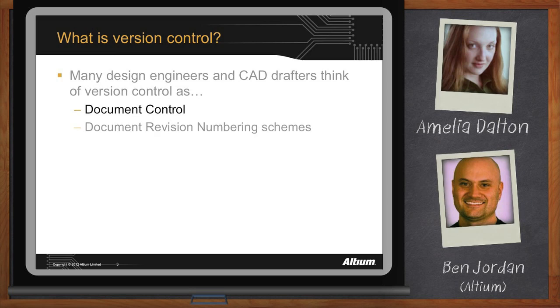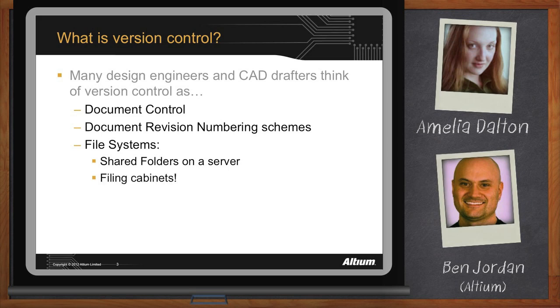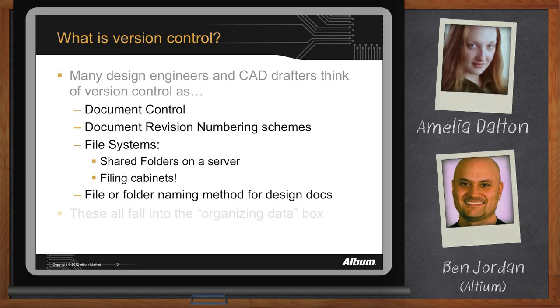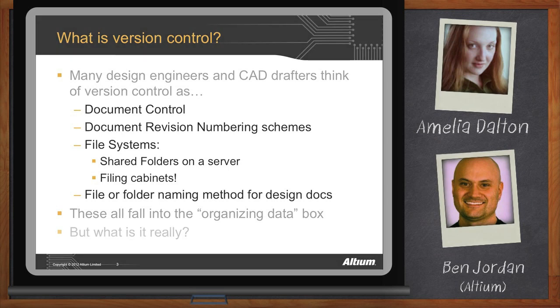Maybe it involves a document revision numbering scheme where you put a specific revision on the title block of your schematic, for example, or you might even have a flat file system where you have a specific folder structure on a server and save all your schematic or PCB design documents to a particular drive, or even use filing cabinets with hard copies. And basically everything is given an ID and a specific revision number. We think of this as a form of version control. And really these fall into organizing your data and organizing your documents, but it's not really a version control system.